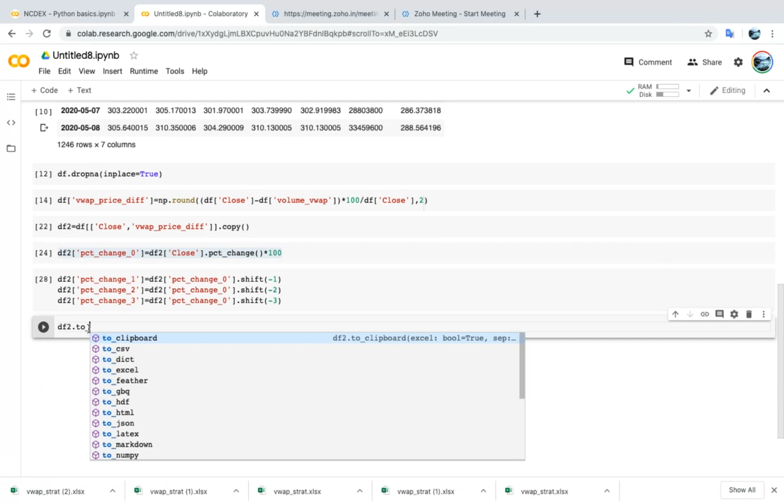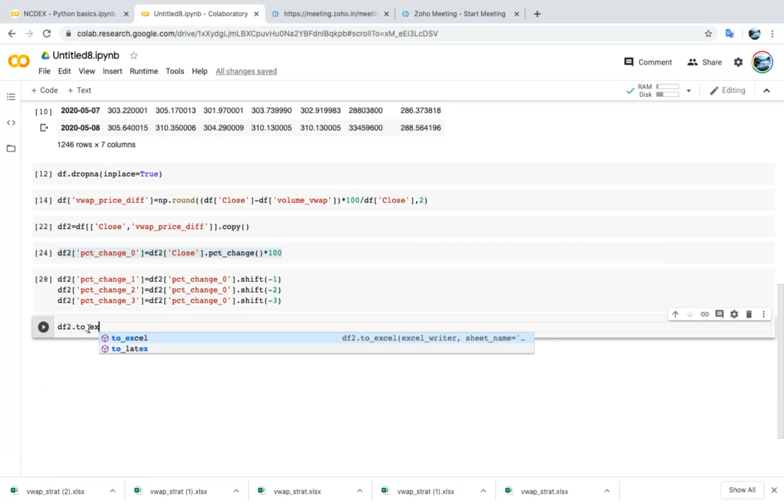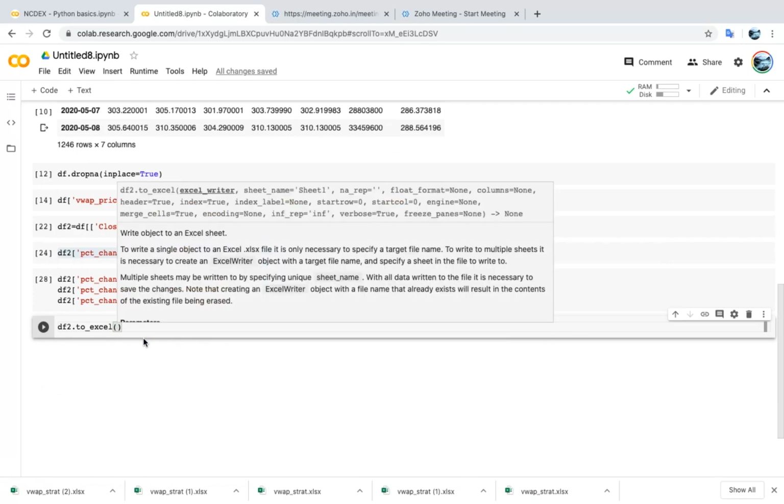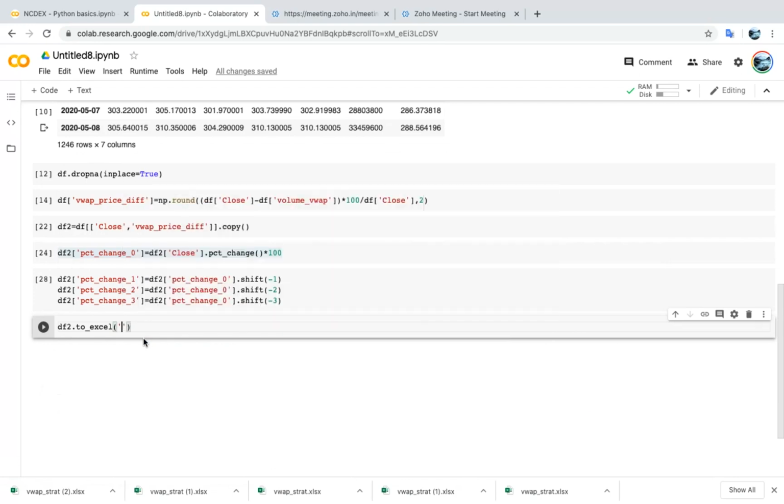There is a function in data frame called to_excel. Using this function, we can take the data of the data frame into Excel. So we'll name it VWAP strategy .xlsx.